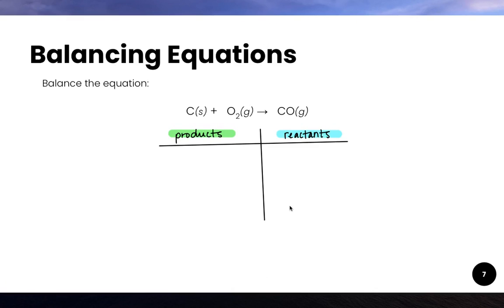Okay, so this equation involves carbon and oxygen. We began with 1 carbon and 2 oxygens, and then 1 of each on the reactant side. So we will need to add a coefficient of 2 over here, which will change both of these numbers.